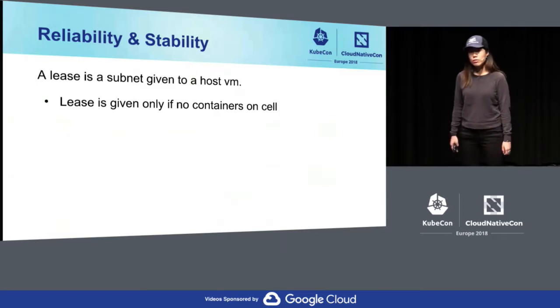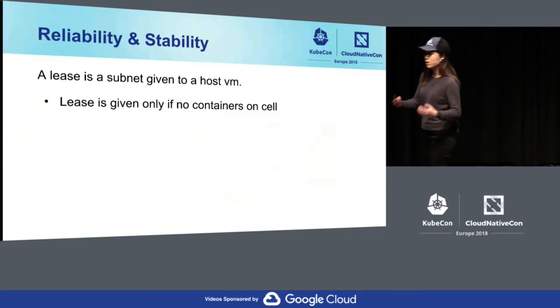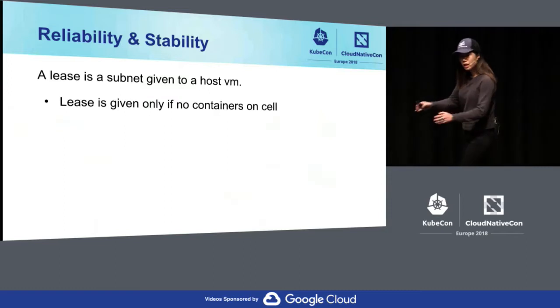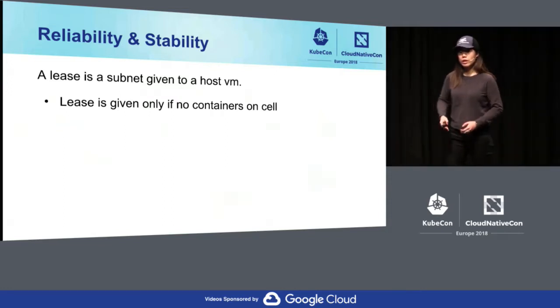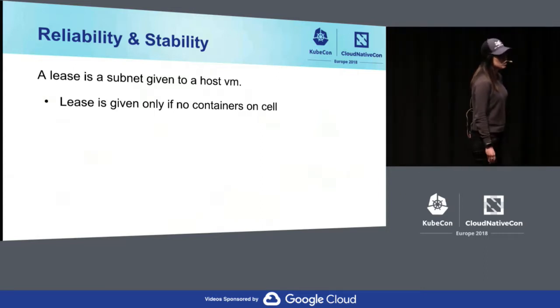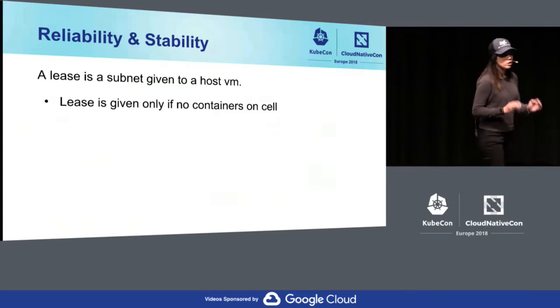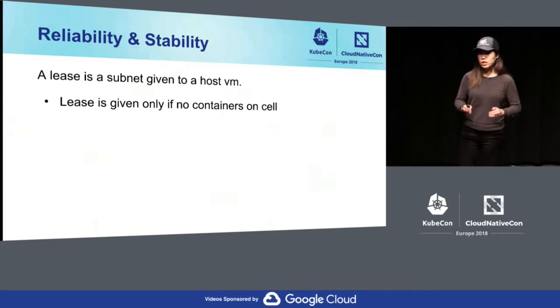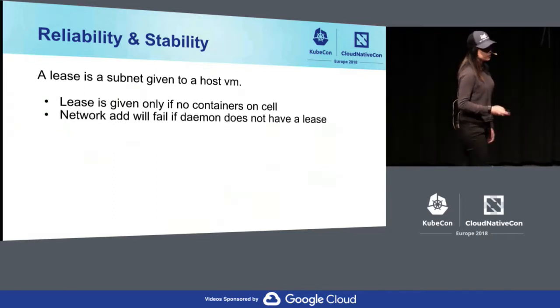Well, then you're going to have a mismatch where the host thinks that it can allocate IPs from a specific subnet, but there are containers still running on the cell that don't fall within this range anymore. And then you're going to have a loss of connectivity for these containers. And so the first thing that we decided was that you can't acquire a new lease unless there are no containers running. You can renew leases, but you can't acquire a new one.